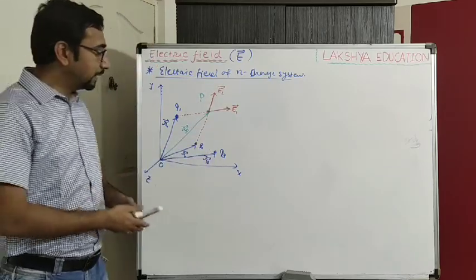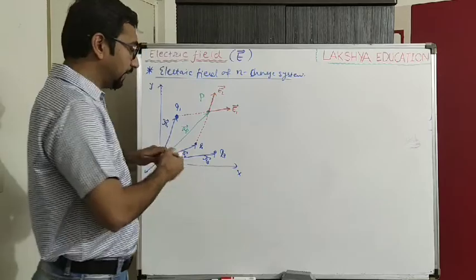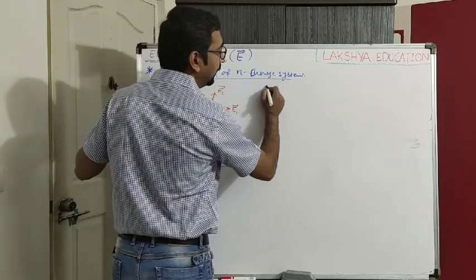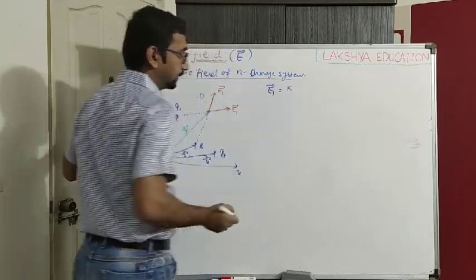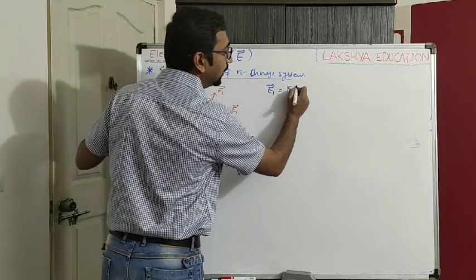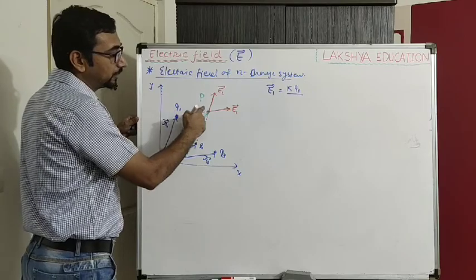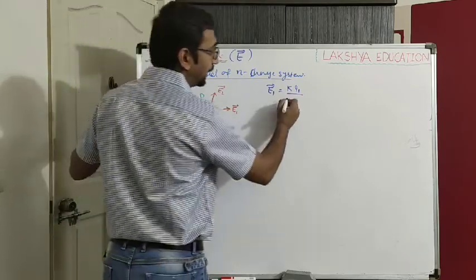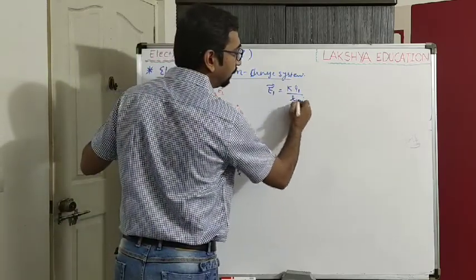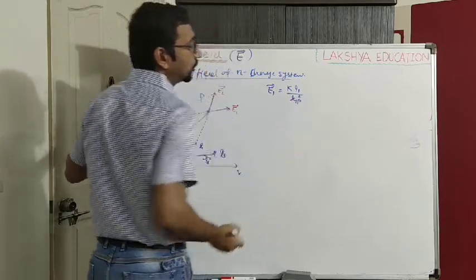Now if we write these two electric fields, then E1 is equal to K, source charge is Q1 here, upon the distance from this point to point P. We can write that distance as R1P and its square.